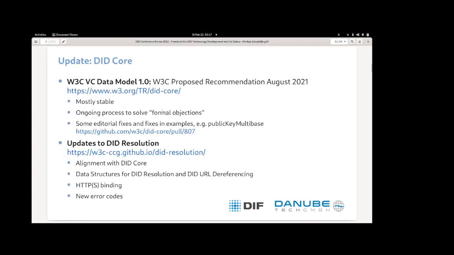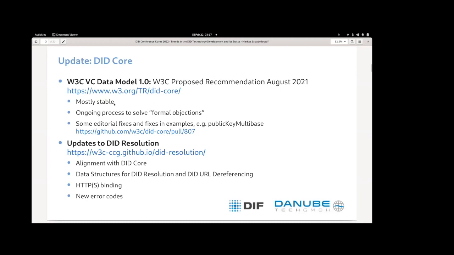Starting with the first one, DID core. That's a well-known specification in W3C that is now a proposed recommendation, right? And the conference is called the DID conference, right? So everybody knows what DIDs are. They are really the foundation for everything else.